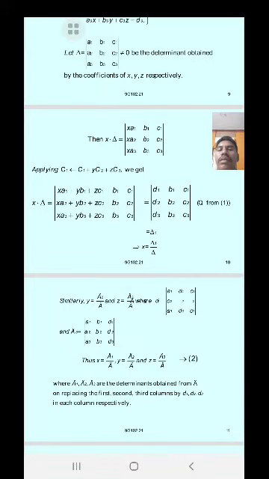Applying C1 goes to C1 plus y times C2 plus z times C3, we get x a1 plus y b1 plus z c1. The symbol is reversely printed here, so we have to change the direction.